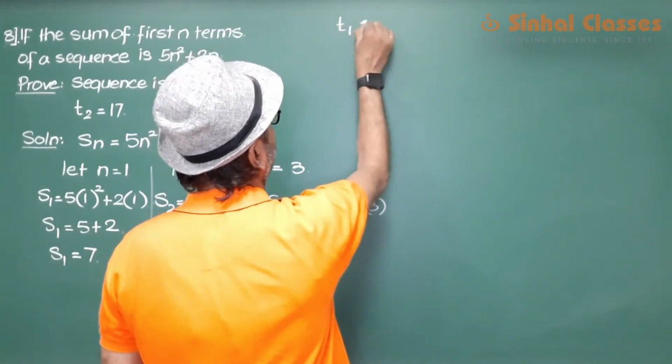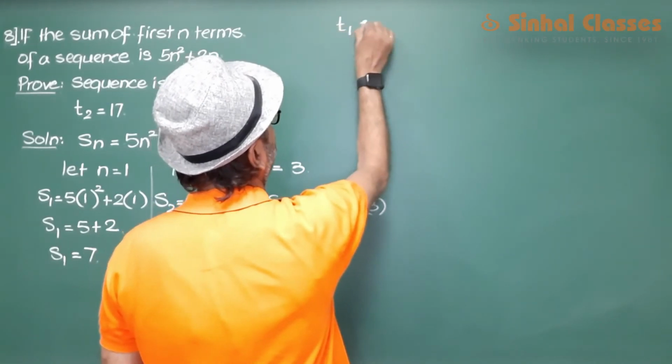T3 is how much? S3 minus S2, which is 51 minus 24, which is 27. So now the terms are T1 7, T2 17, T3 27.